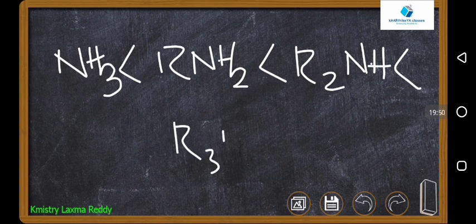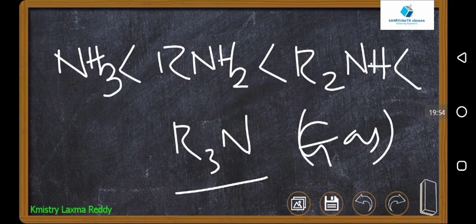R3N is a super base in the gaseous phase. The reason is that three plus I groups are there. The more plus I groups, the more the possibility of donation of the electron pair present on the nitrogen atom. So these alkyl groups are supporting the nitrogen. They are just telling the nitrogen that it can comfortably give, we are here.